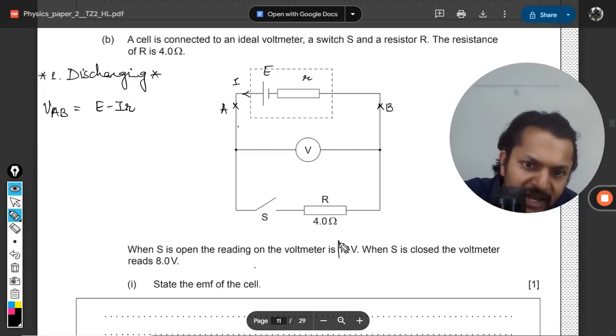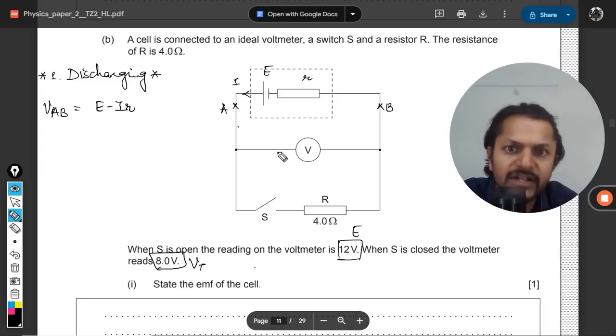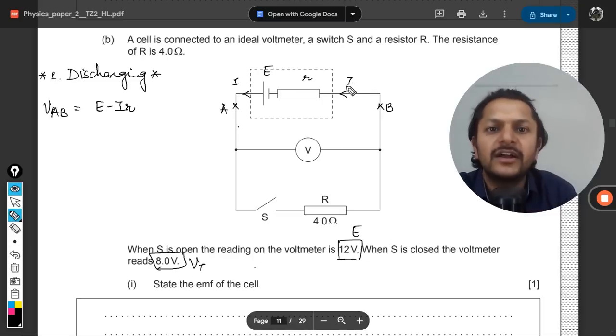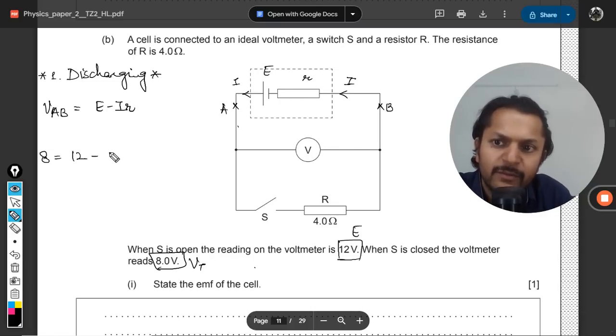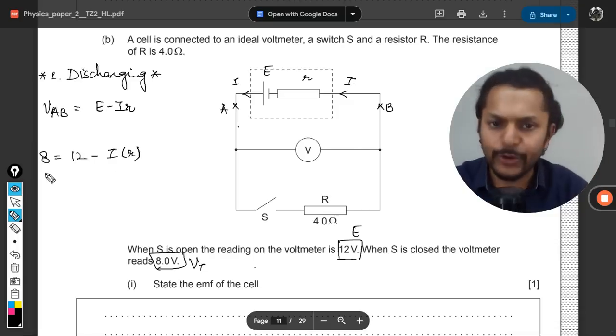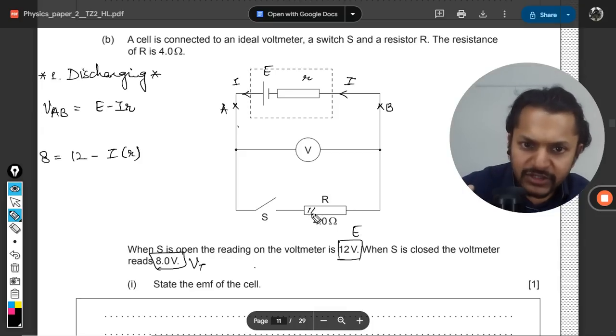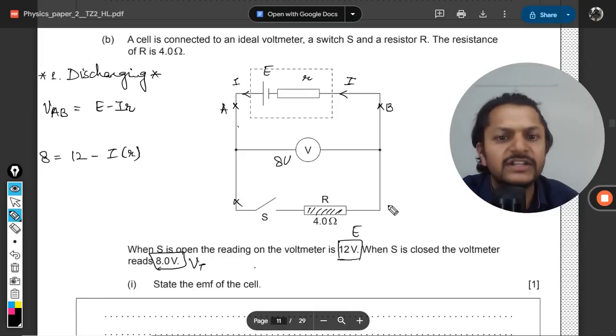So this 12 volt is the EMF. 8 volt is the terminal potential difference. I is the current which is passing through it. So I can say that 8 is equal to 12 minus I into R, where R is not known and I is also not known. No problem. We will concentrate on the resistance first. The voltmeter says 8 volts, so that will be across the resistor also.